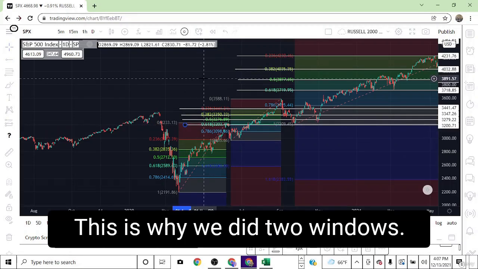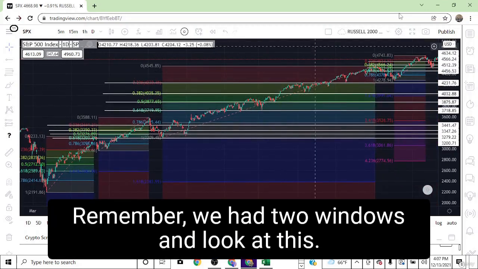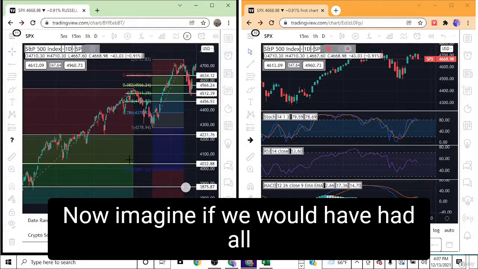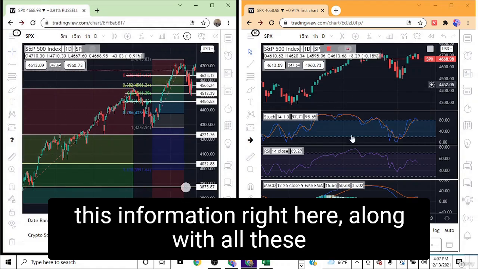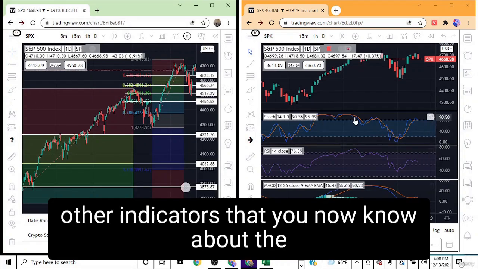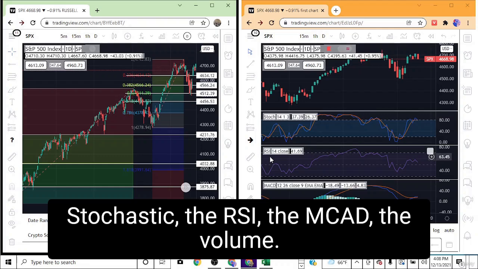This is why we did two windows. Remember, we had two windows, and look at this now. Imagine if we had all this information along with all these other indicators that you now know about: the stochastic, the RSI, the MACD, the volume.